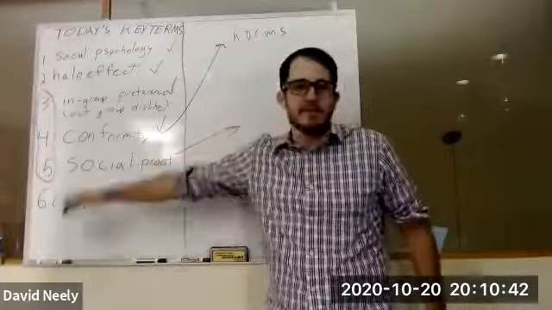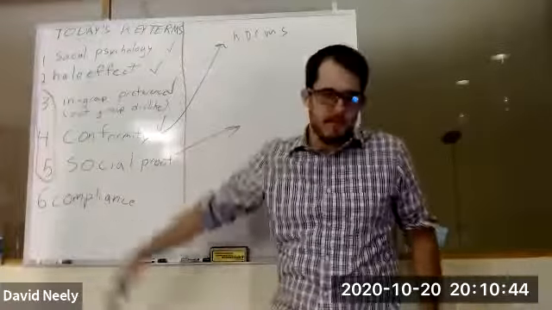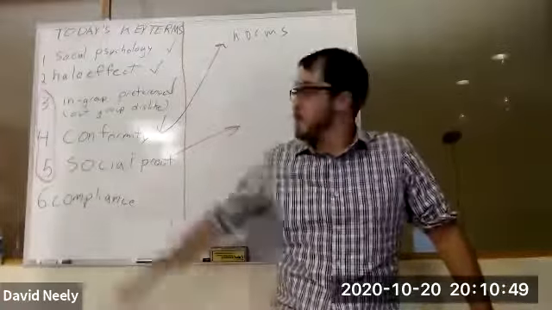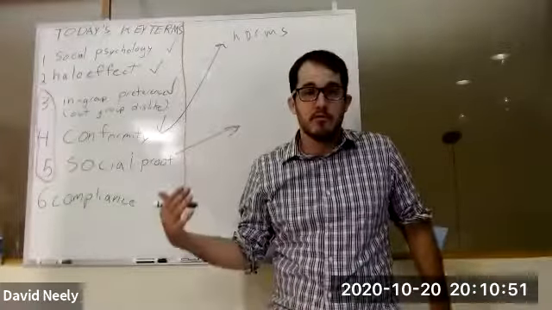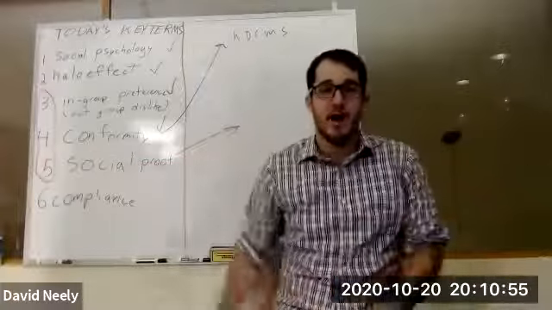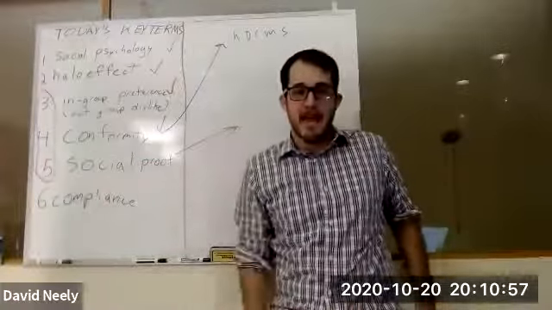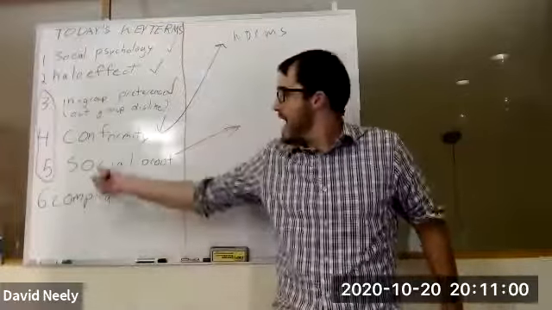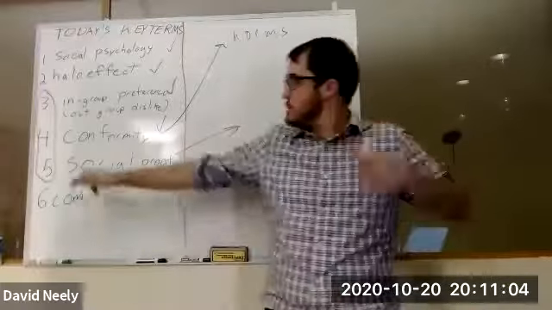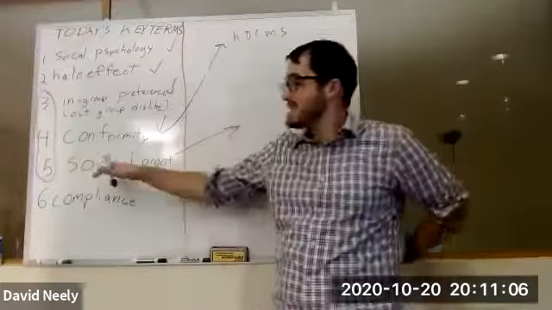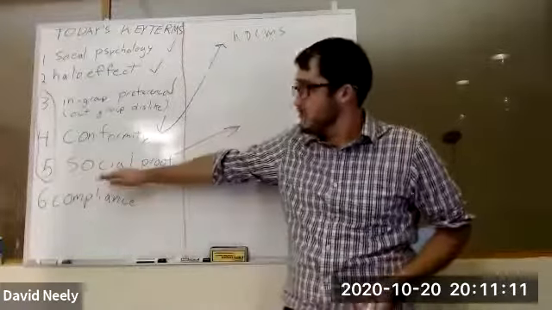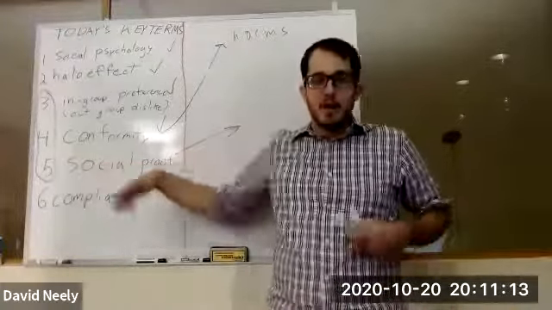And you just happen to ask 1,000 people at a Black Lives Matter rally who you should vote for. You're going to get a very different answer than if you ask 1,000 people at a pro-police rally. And so just getting what most people think is not a good way unless you're ensuring that it's not a biased sample. So one thing to keep in mind with social proof is it can be a useful way, but it can also lead you astray.